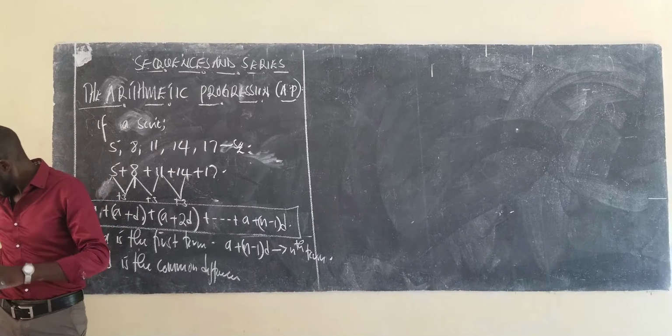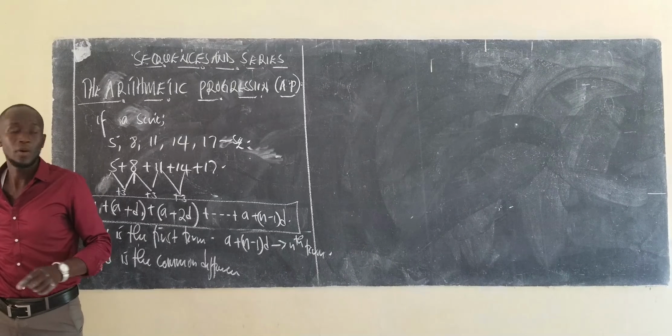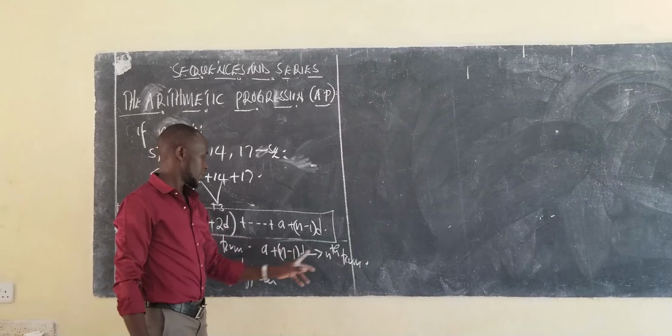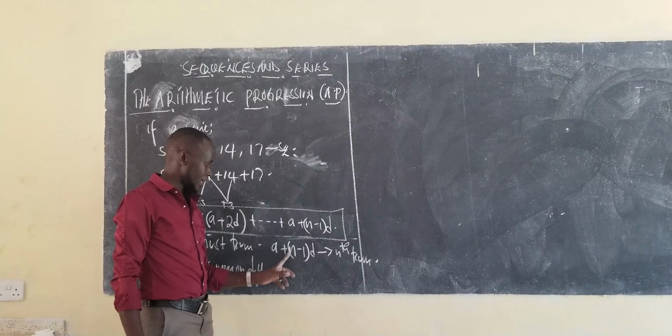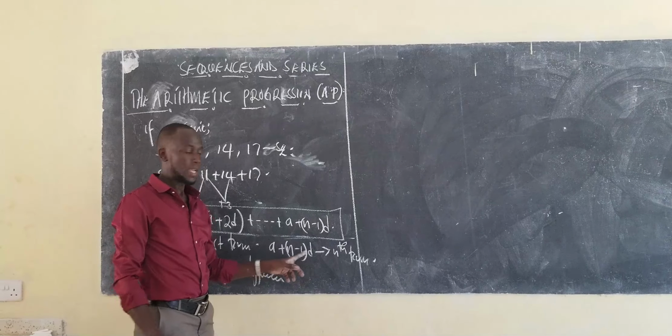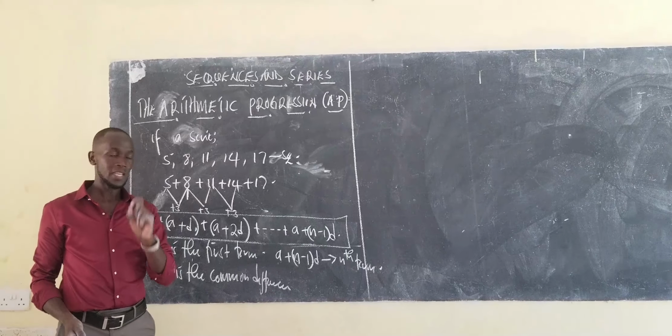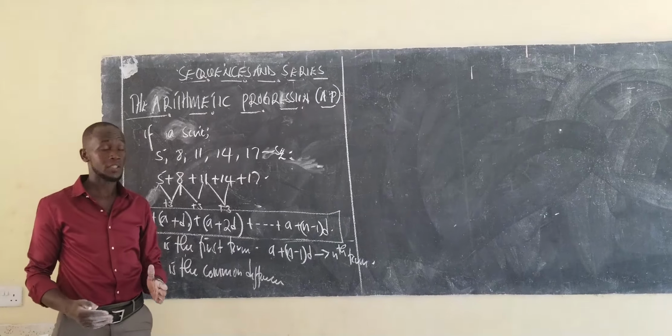So wherever you are asked to calculate the nth term of an arithmetic progression, you just say nth term is equal to A plus n minus 1 into D. These ones may almost be given to you in each and every question. For examples, we shall see in the next video.